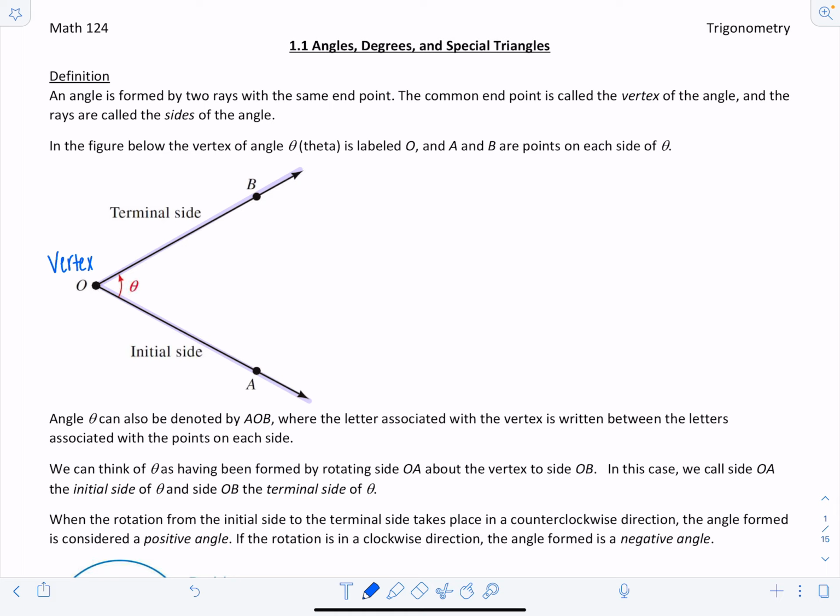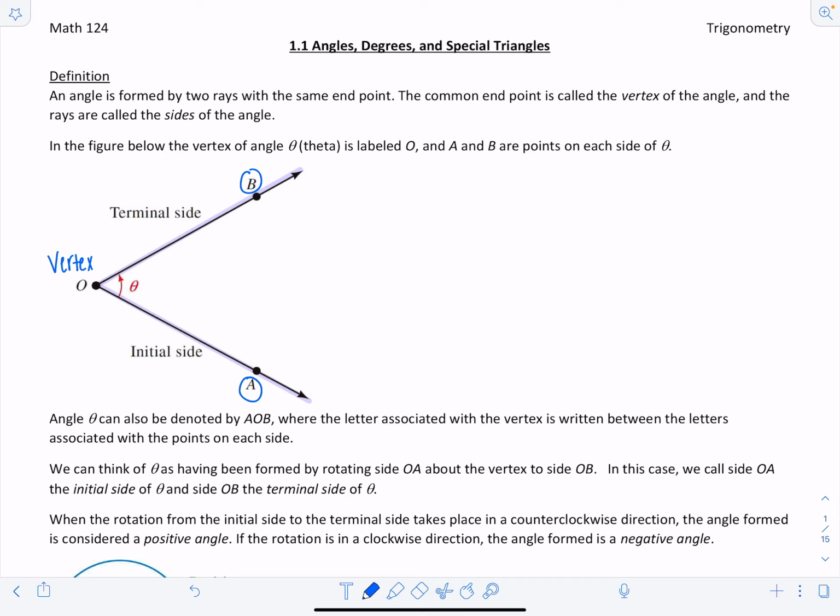Now, in the figure below, the vertex of angle theta is labeled O, and A and B are points on each side of theta. And you can see A and B drawn here. Now, angle theta can also be denoted by AOB, where the letter associated with the vertex is written between the letters associated with the points on each side.